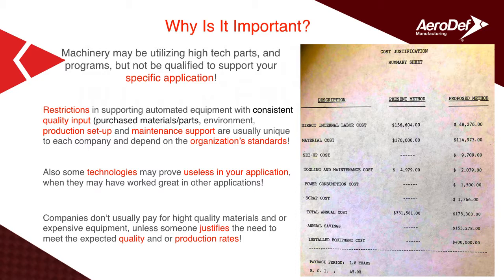Also, some technologies may prove useless in your application when they may be working great in other applications. Companies don't usually pay for high quality materials and/or expensive equipment unless somebody justifies the need to meet the expected quality and product production rates.